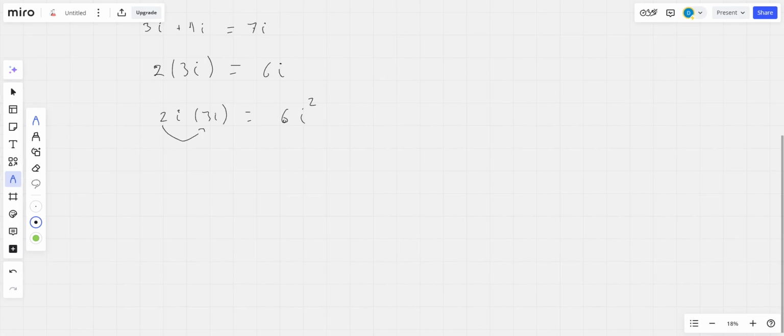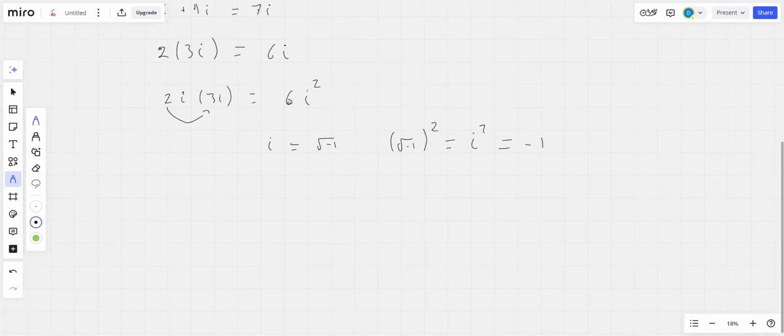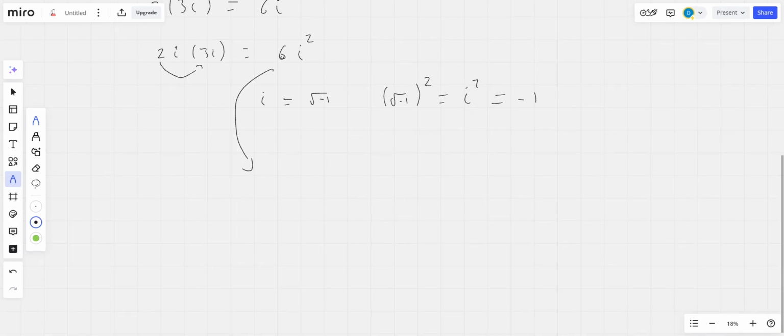But remember, i equals the square root of -1. So the square root of -1 squared, which is i squared, is going to be equal to -1. So we can rewrite this as -6.